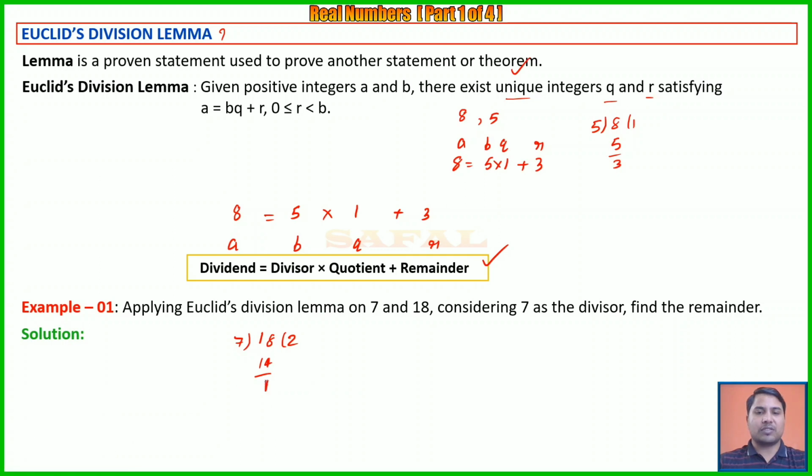So 18 is the dividend, the divisor is 7, the quotient is 2 and the remainder is 4. You can see also 7 2s are 14, 14 plus 4 is 18. That's what we have. They are asking for the remainder, so the remainder is going to be 4. So this simple rule is very useful in many practical situations.